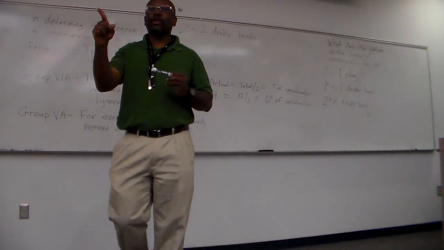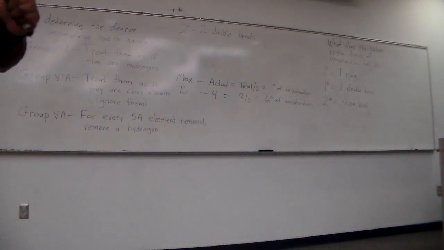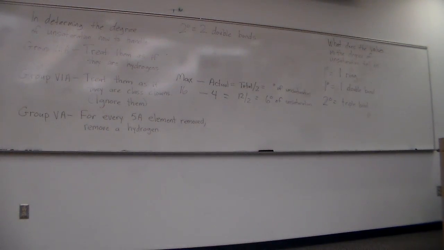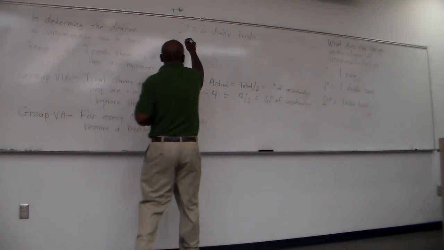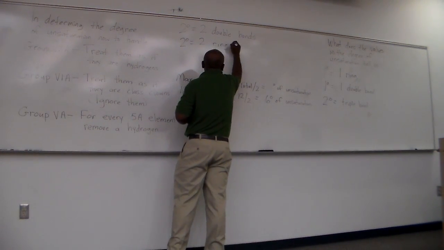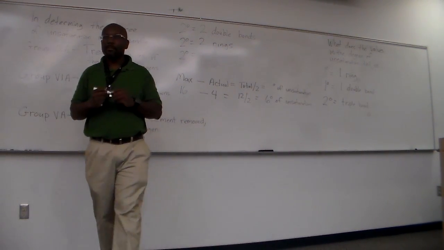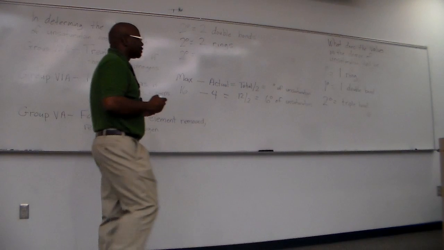Each double bond is 1 degree, and 1 times 2 is 2. Give me another way to get a 2 degree. 2 rings. Another way? 1 ring and 1 double bond.